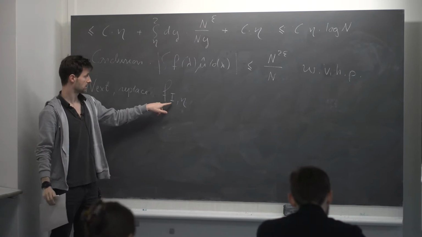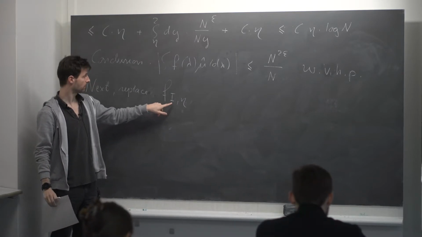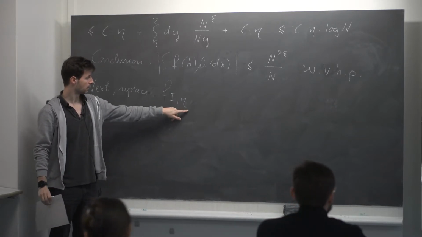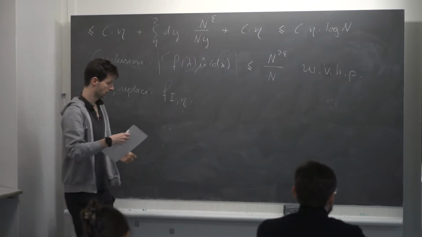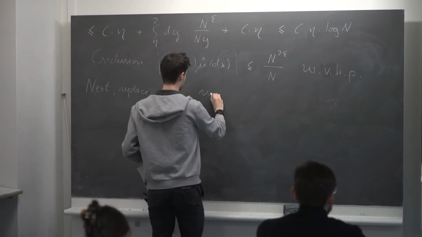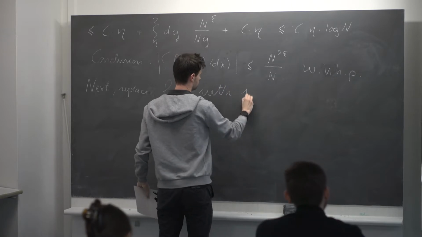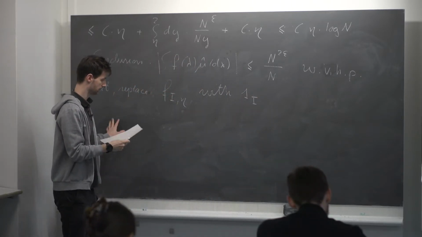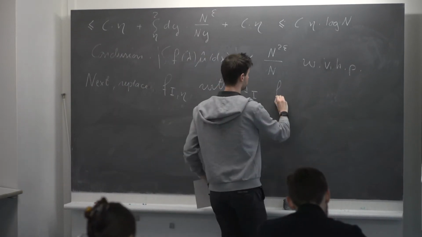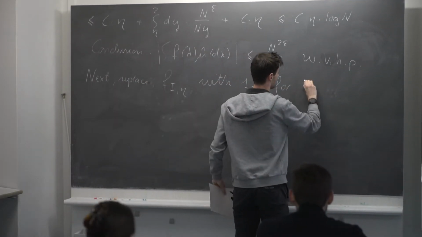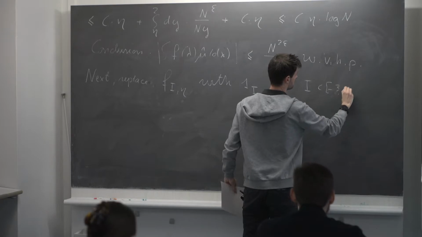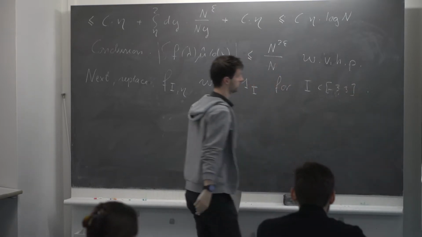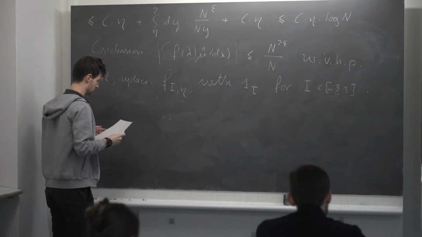So this was the smoothed indicator function f of the interval I on the scale eta. And I would really like to integrate with respect to the actual indicator function of the interval I. Let me still work under the assumption that I is bounded in this set.